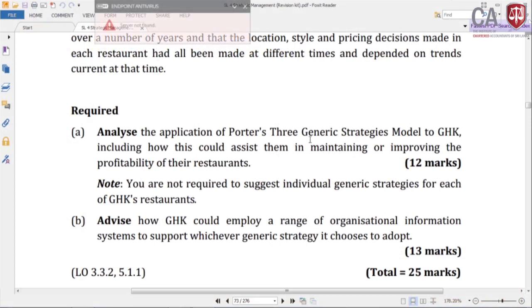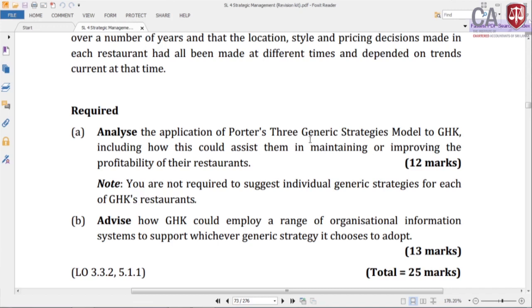Now, the part A requirement is to analyze the application of Porter's 3 generic strategy model to GHK, including how this could assist them in maintaining or improving the profitability of their business.